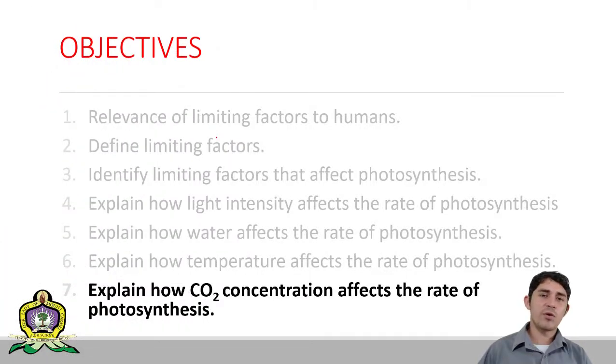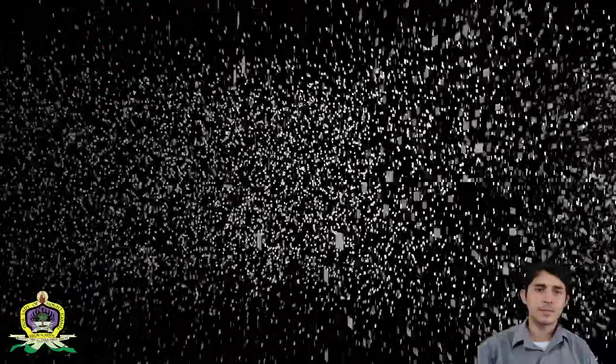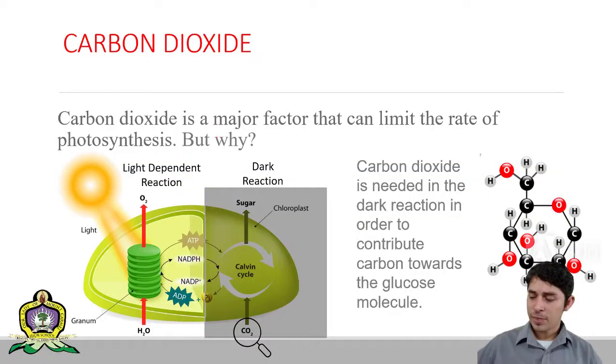Let us move into our final objective for this session. Our final objective speaks about the concentration of carbon dioxide and its effect on photosynthesis. From the diagram here, you're able to see the dark reaction in the dark box right there.